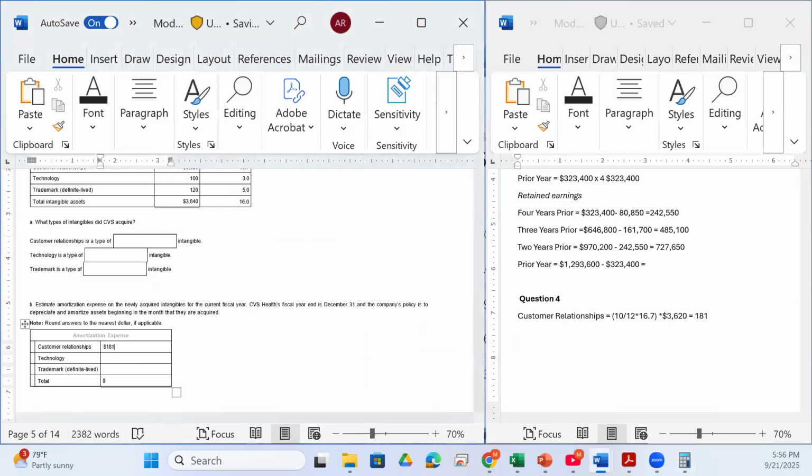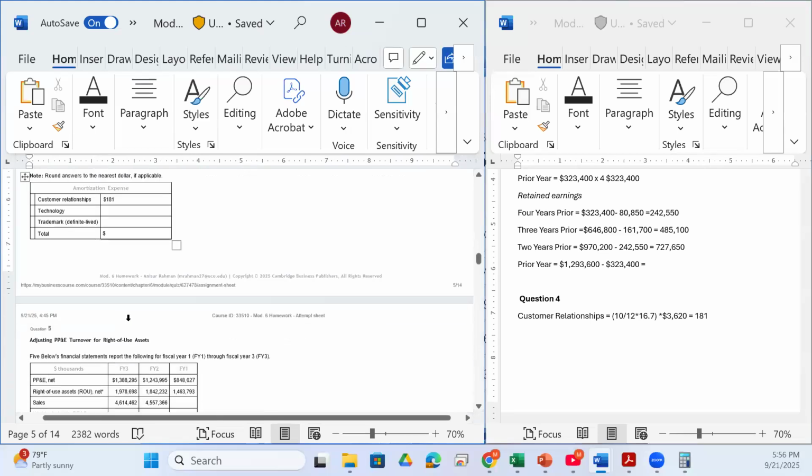You can follow the same process for all the others and then total them. Okay, that was easy.